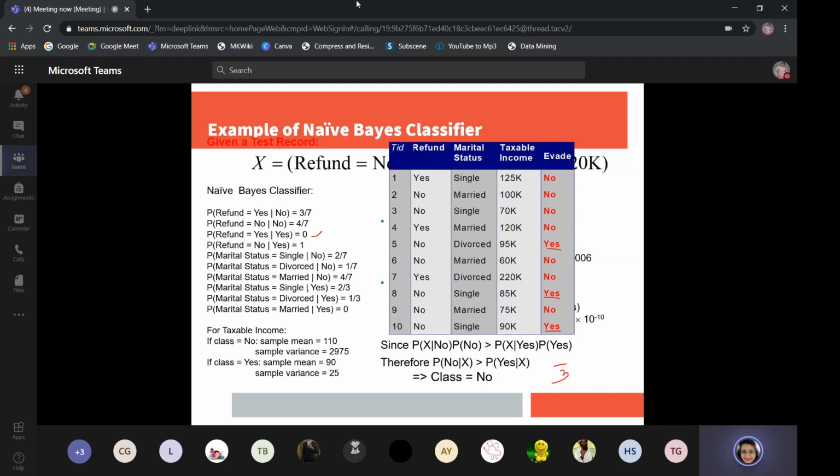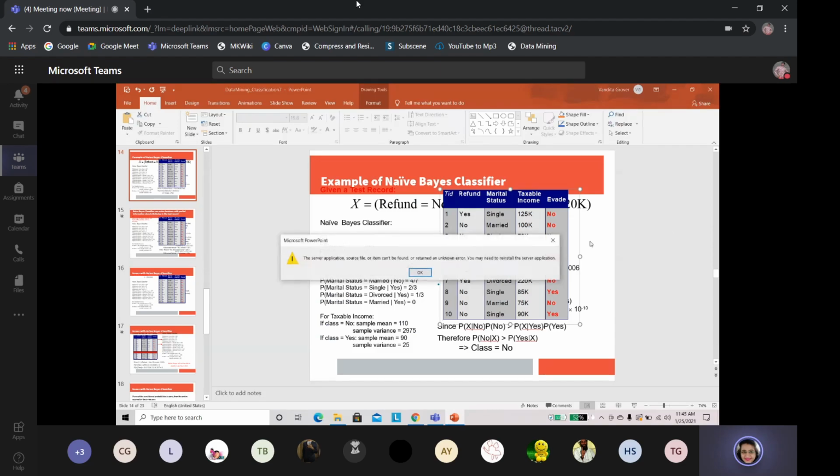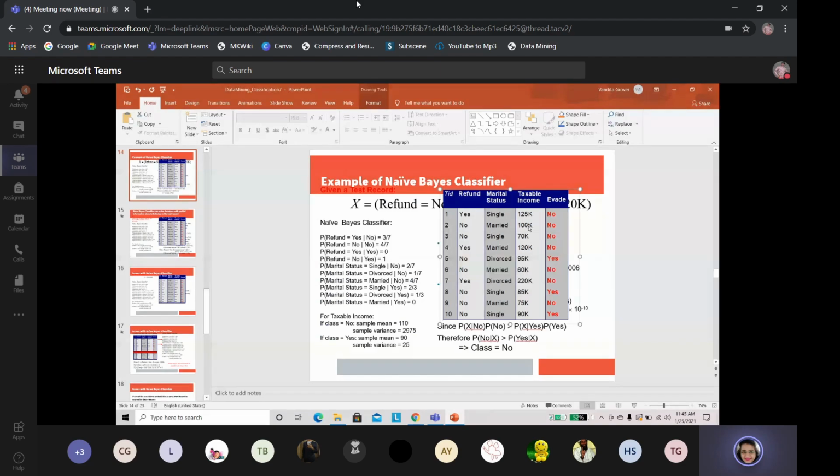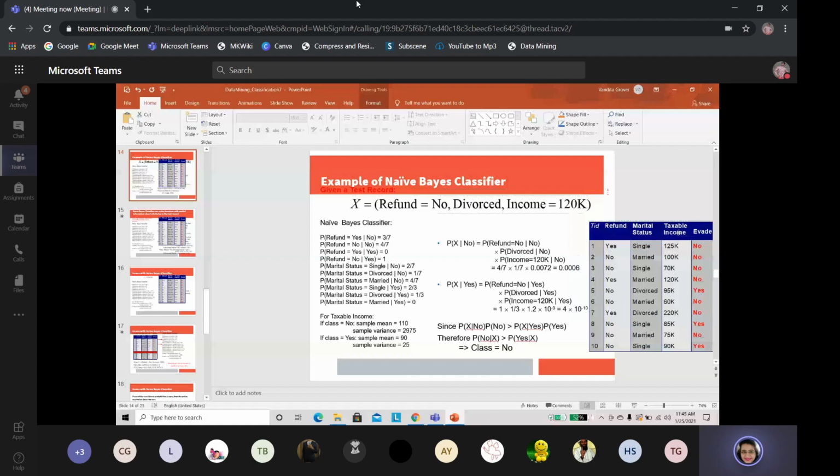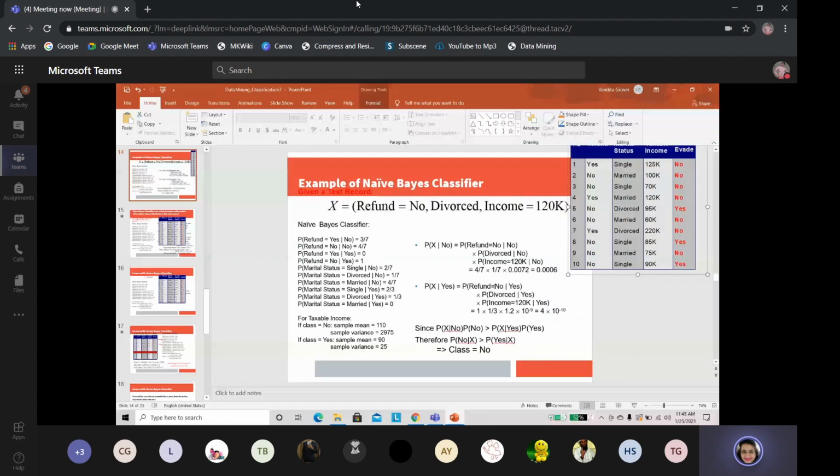So you are going to compute the probabilities for every combination: single and no, divorced and no, married and no, single and yes, divorced and yes. Whatever is required you are simply going to substitute.